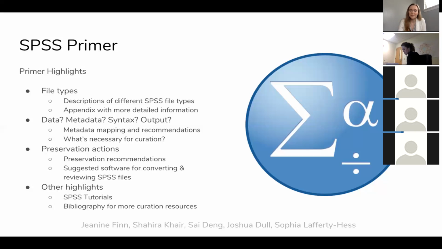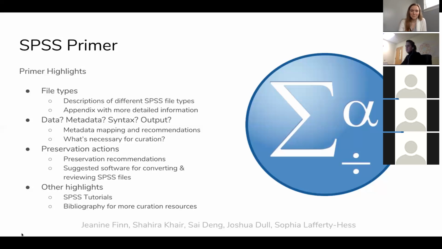So that's really nice to hear that they're taking advantage of that, and hopefully that would be deposited with their data. But being aware that you can very quickly create code books from SPSS files is important for the curators as well.